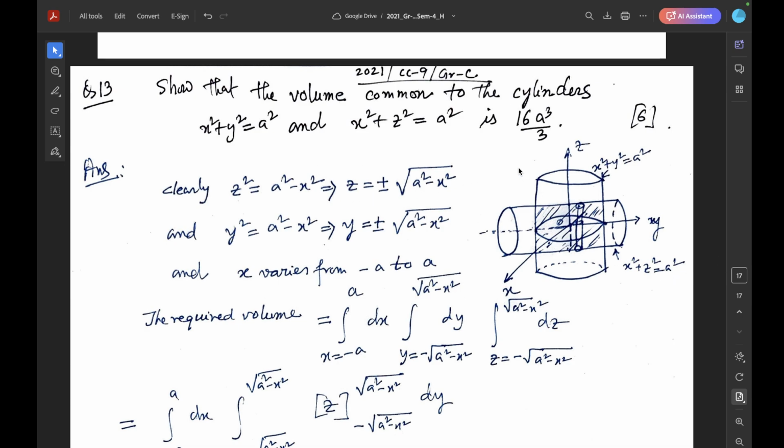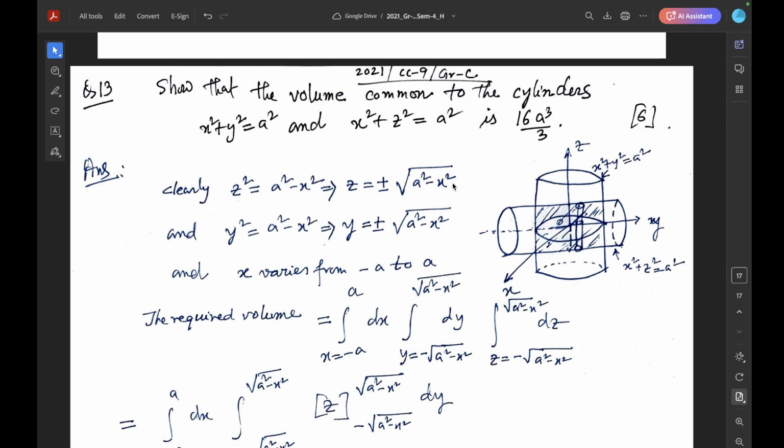From the second equation, x square plus z square equal to a square, so z square equals a square minus x square, so the limit of z is plus minus square root of a square minus x square. So for this horizontal cylinder, we want to find this closed volume of intersection of these two cylinders. So z equals minus root over a square minus x square to plus root over a square minus x square.